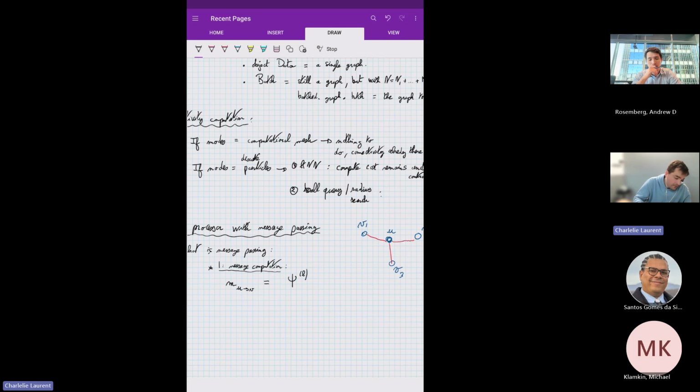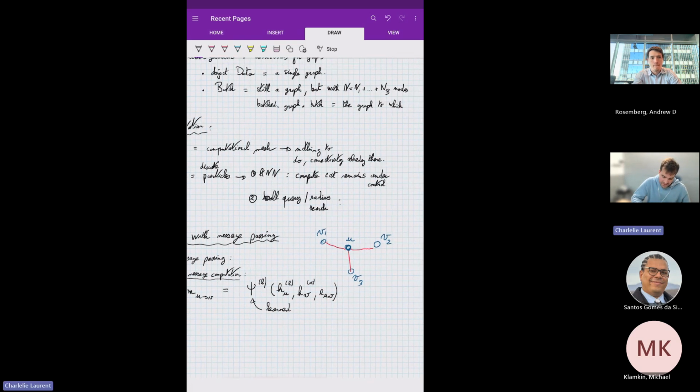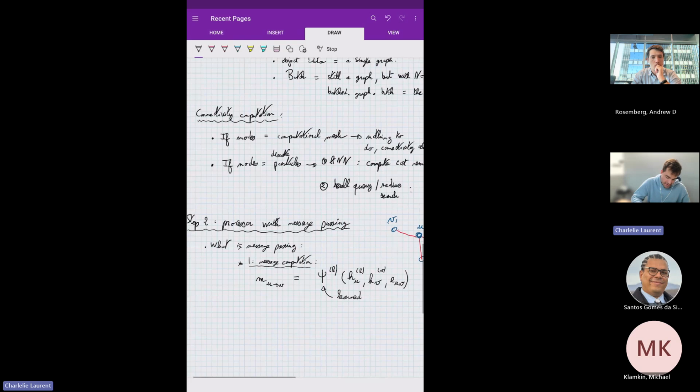So this is at layer L. This is going to be a learned function, usually an MLP, at least in the MeshGraphNets an MLP. So basically, it's very simple. To compute the message on an edge, on this edge, you take the features of both nodes, you take the edge feature, and those are three inputs to a function. And that gives you the message for this edge.